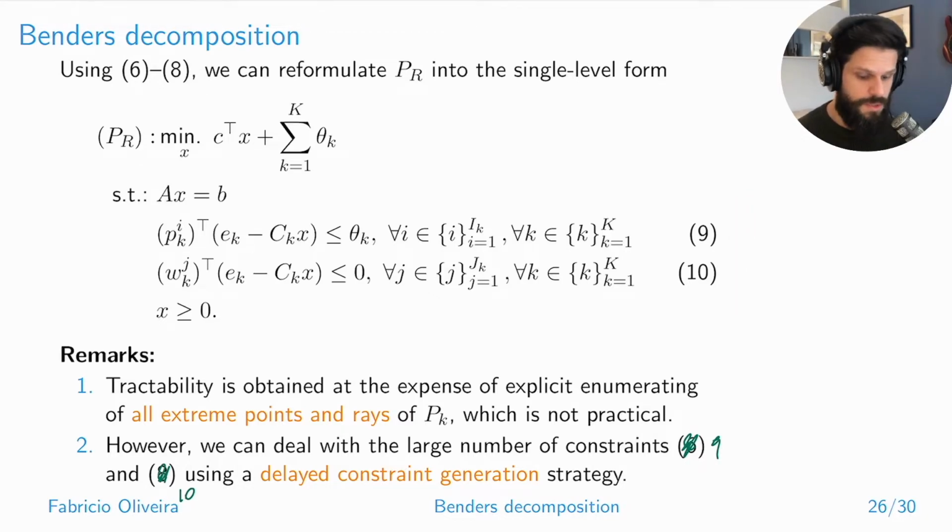How do you generate those in a delayed fashion? Well, you have to feed the subproblem with solutions X. For a solution X, you generate an extreme point or extreme ray. Then with a newfound extreme point or extreme ray, you add this constraint. So this PR problem gets augmented with more of these, not all, but some of those.